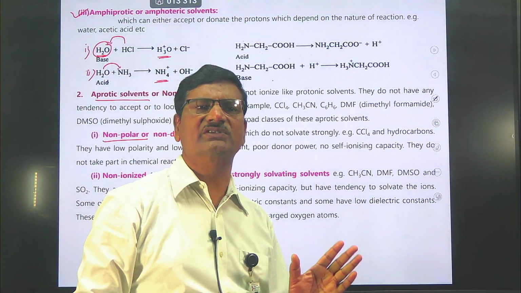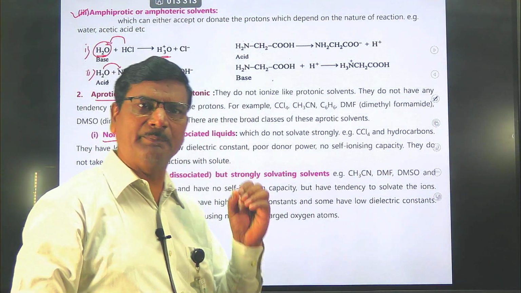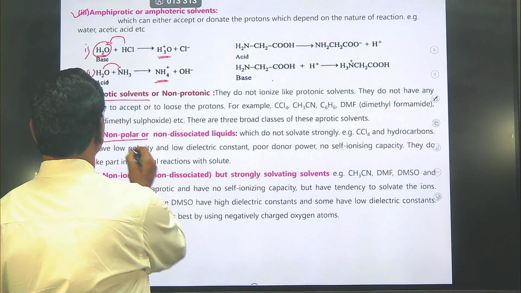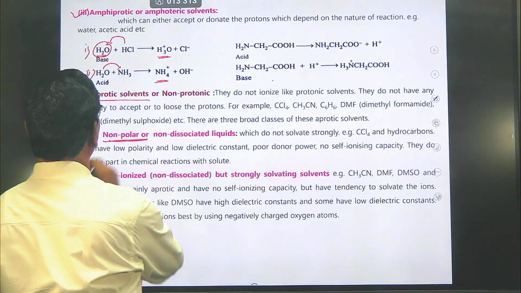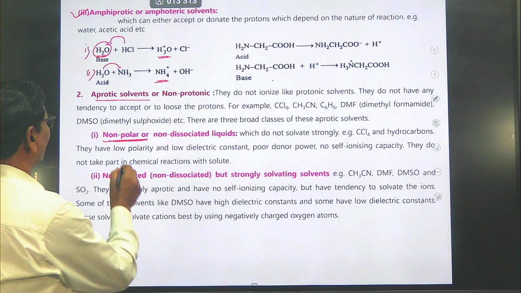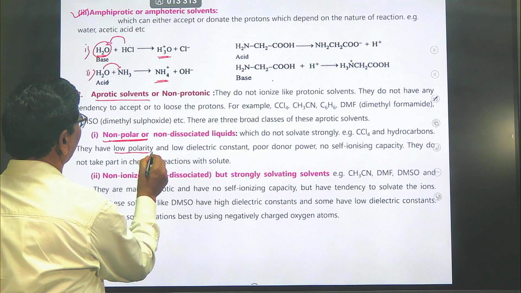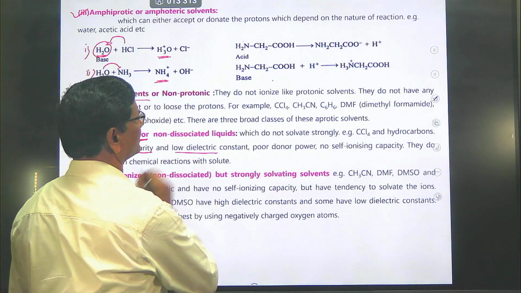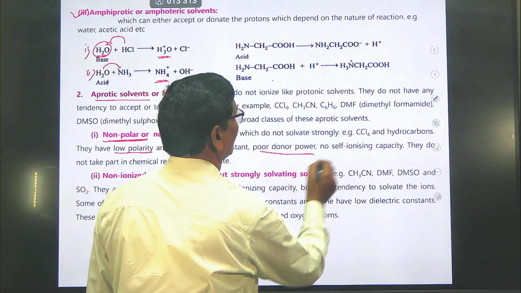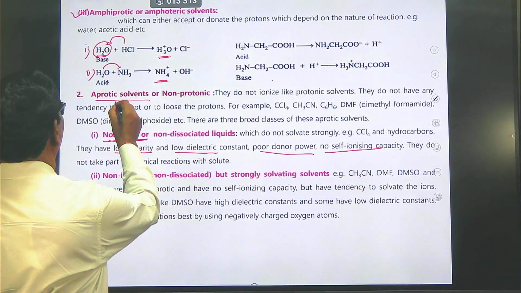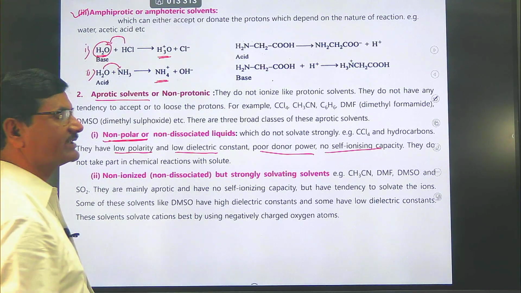It cannot dissociate. Benzene also cannot get dissociated. That's why this comes under the category of non-polar or non-dissociated liquids. The main characteristics are low polarity, low dielectric constant, poor donor power, and no self-ionizing capacity.